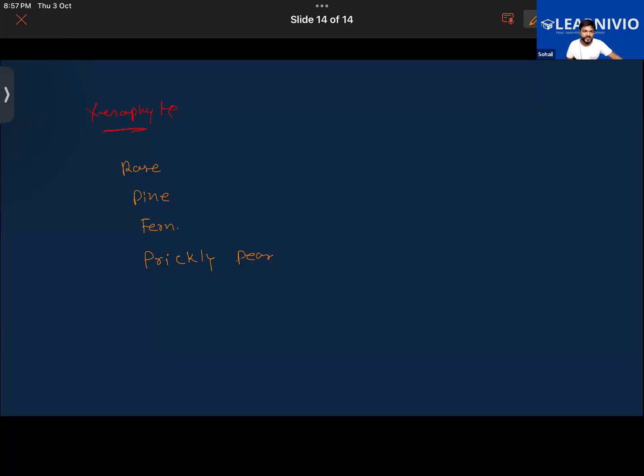So these are the plants that are adapted to live in low water conditions and in extreme heat conditions. We have several examples of this. For example, aloe vera is a common example. That is one thing.